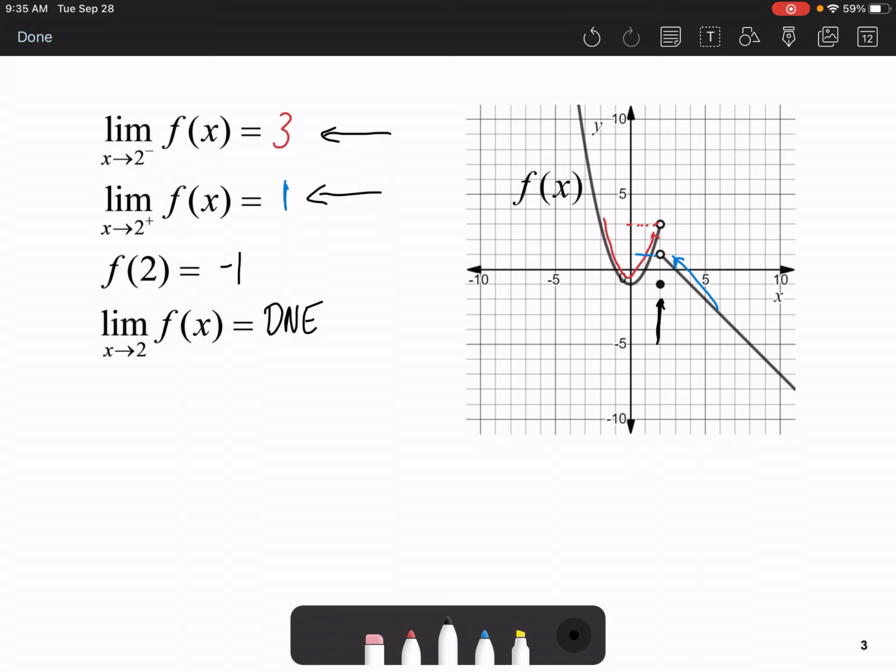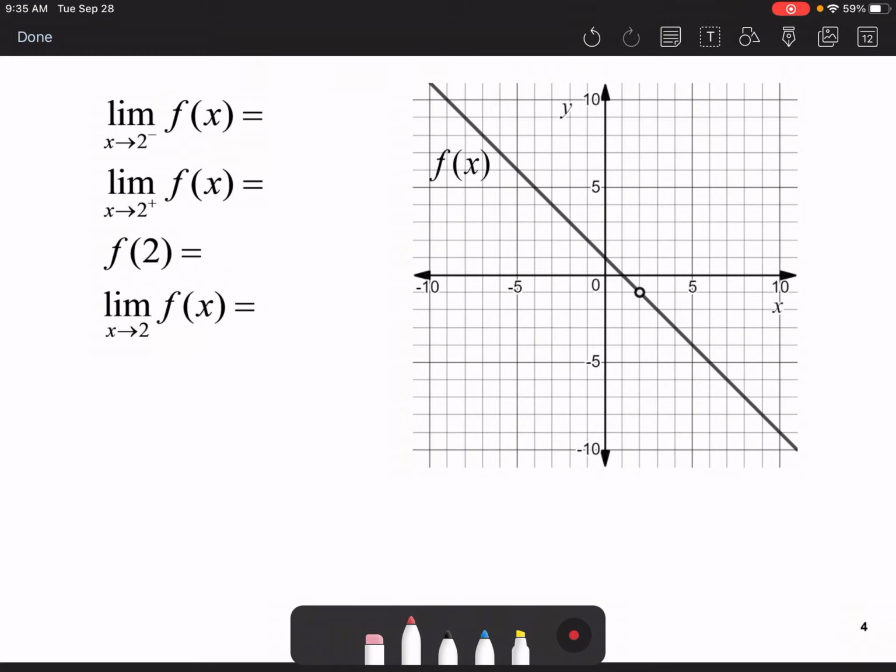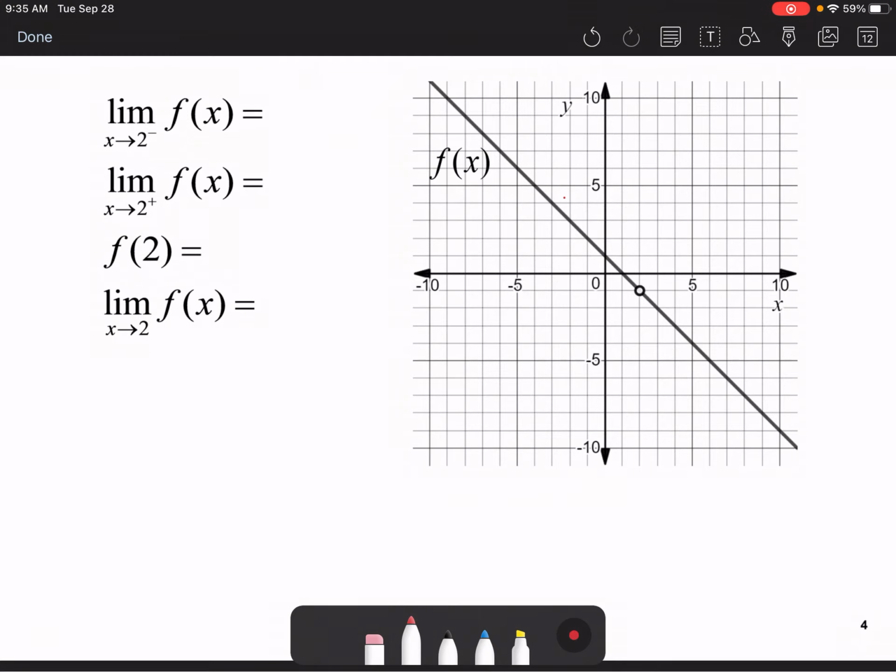Okay, so let's see another instance. Here I have another function, f of x. It looks like a line with a hole in it, or there is also the possibility that this could be a rational function. So, as you approach from the left, you're getting infinitely closer to a y value of -1.